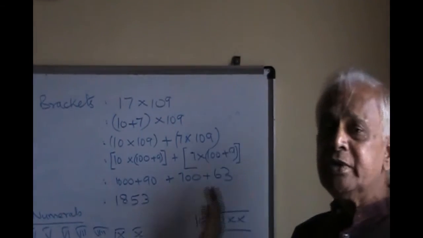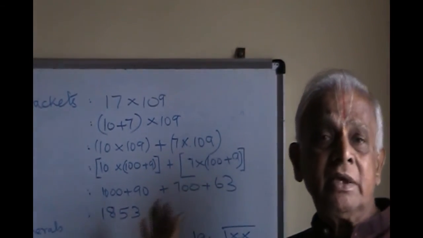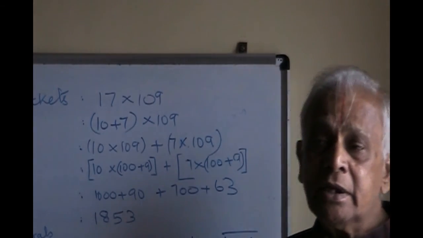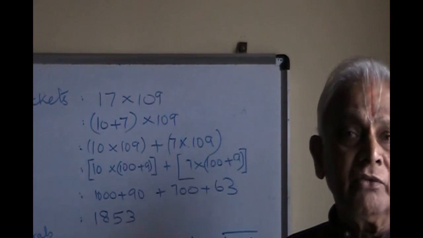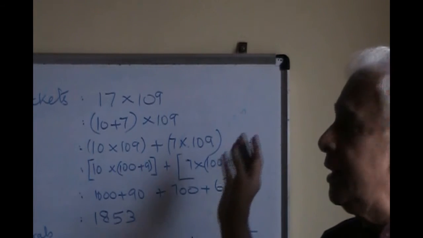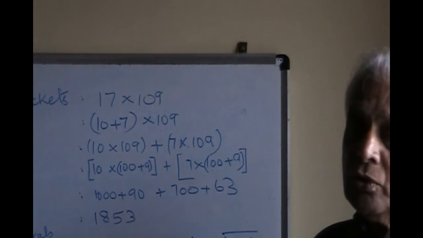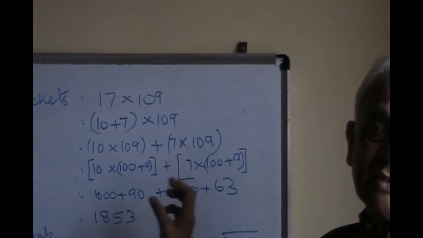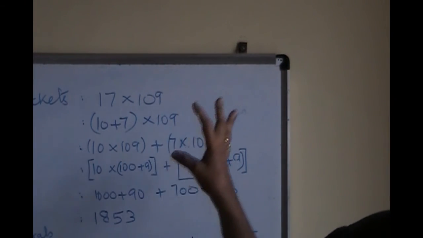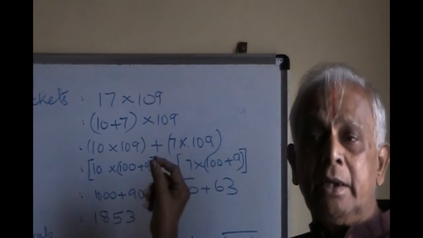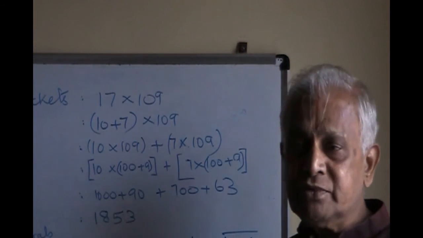All these put together, the answer resolves to 1853. So this is how your brackets can be removed, first within the brackets and then outside the brackets. A very important point when you deal with brackets in your future problems.